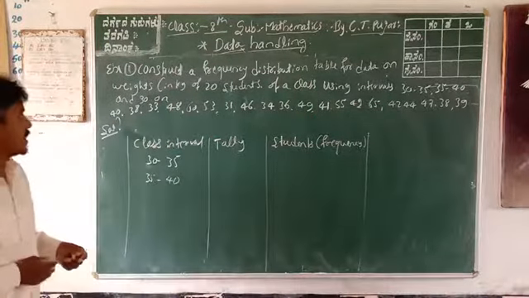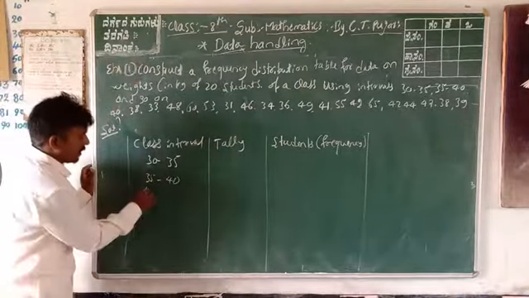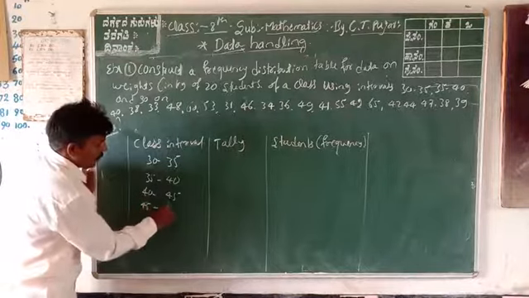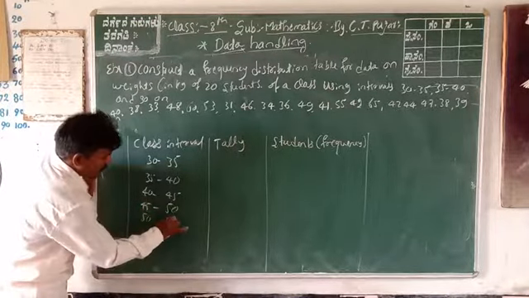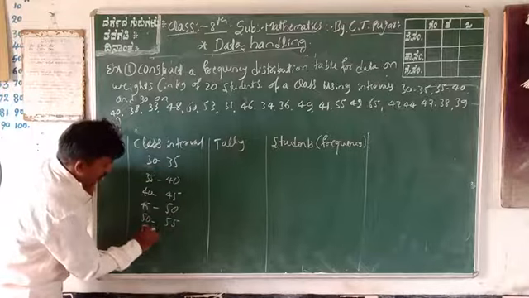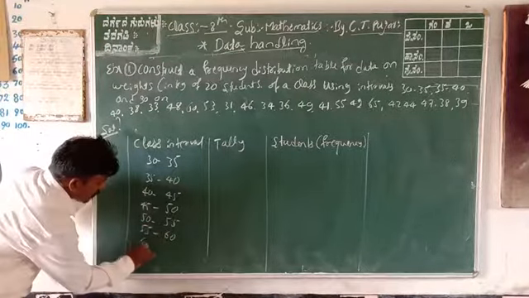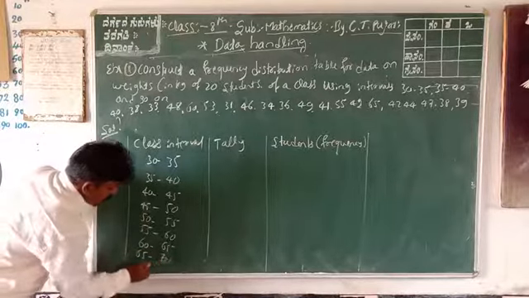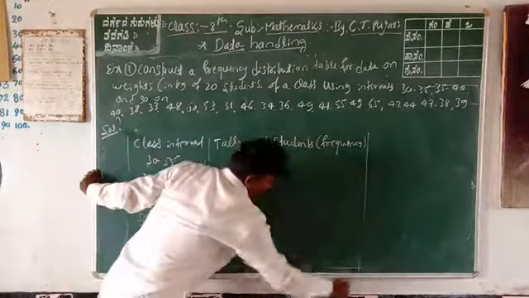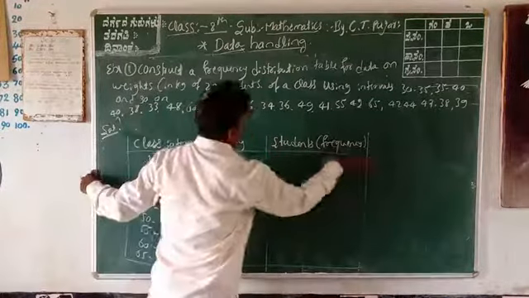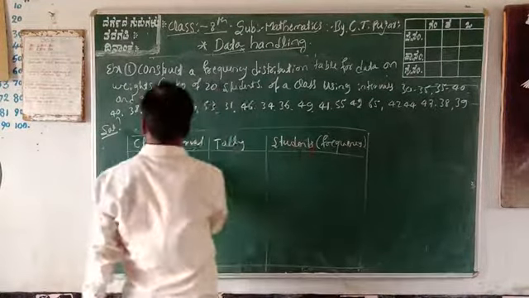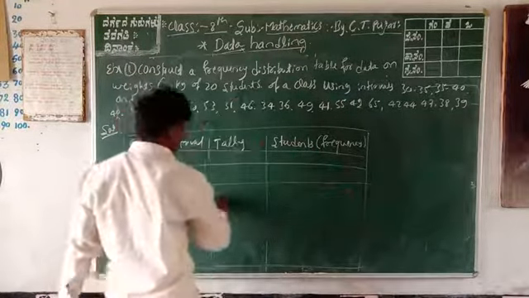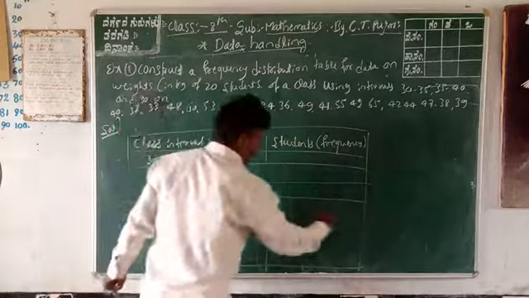So you go up to 65: 40 to 45, 45 to 50, 50 to 55, 55 to 60, 60 to 65, 65 to 70. This is how the table looks. Therefore, put all the data in. How many students are here in the height?